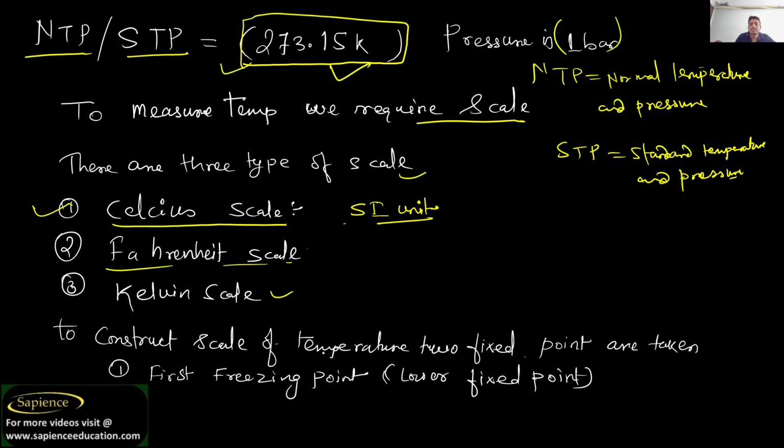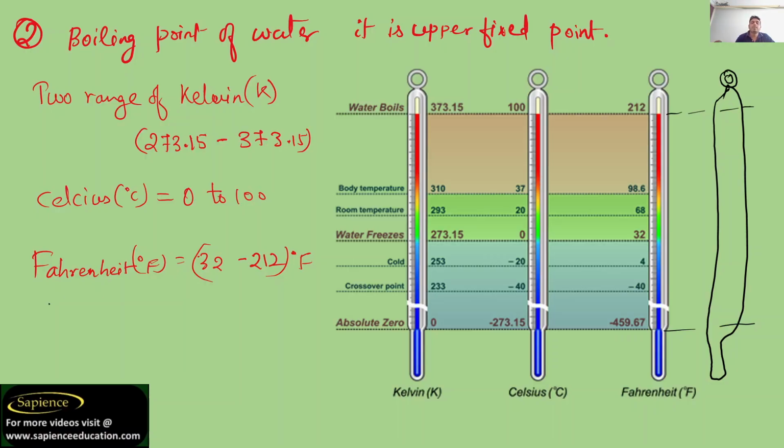To construct a temperature scale, two fixed points are taken. One is the freezing point, the temperature at which water freezes. The other is the boiling point of water, which is the upper fixed point.